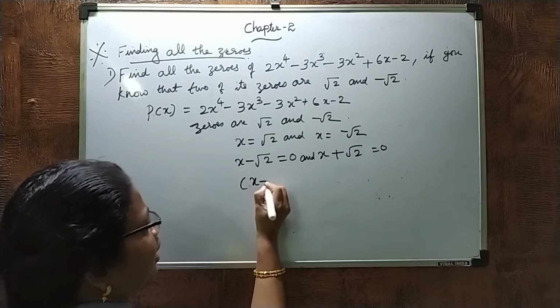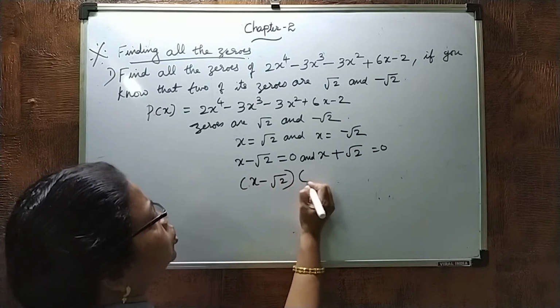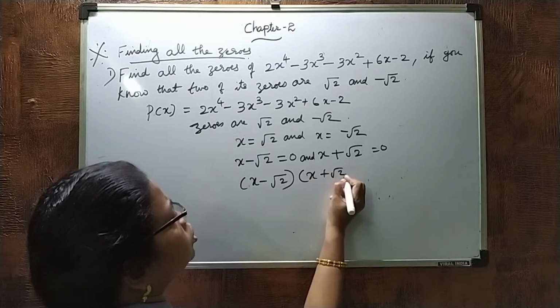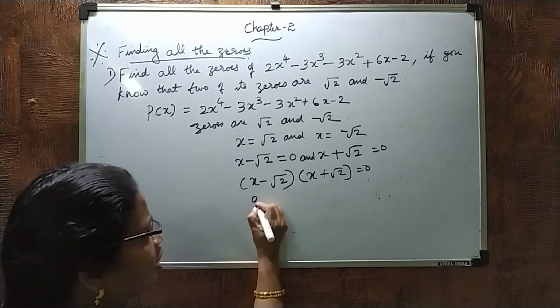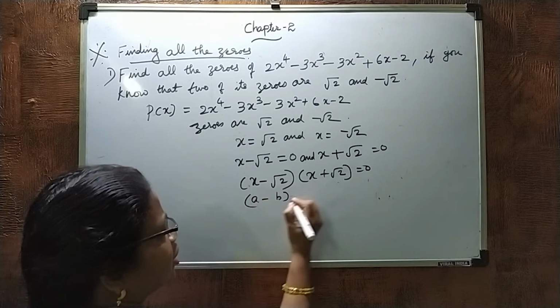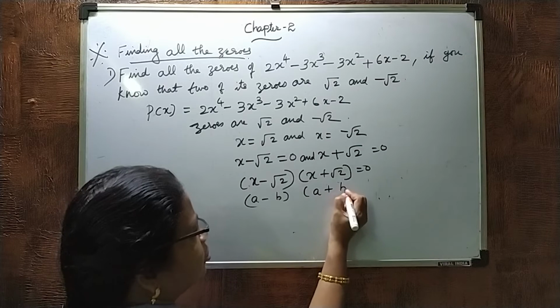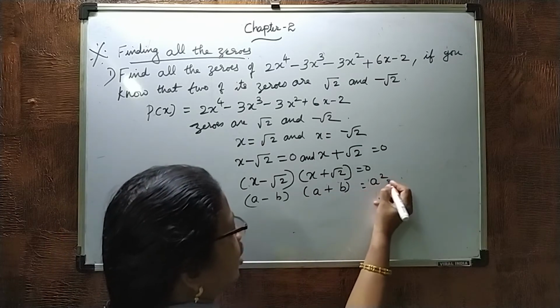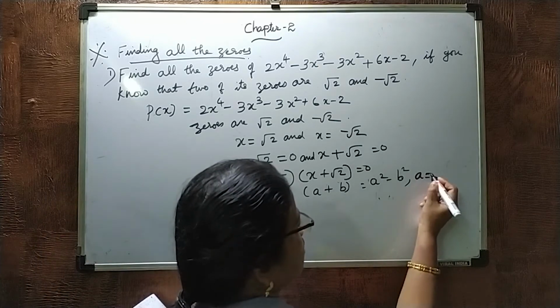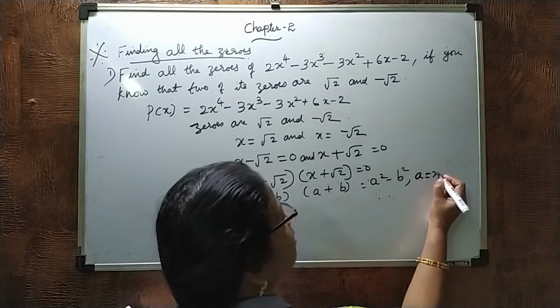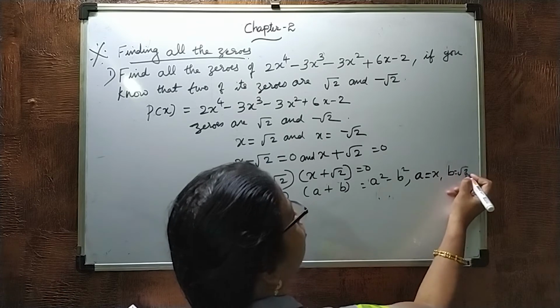That means you can write like this, x minus root 2 into x plus root 2 equal to 0. Can you find any identity? a minus b into a plus b equals a square minus b square, and here a is x and b is equal to root 2.